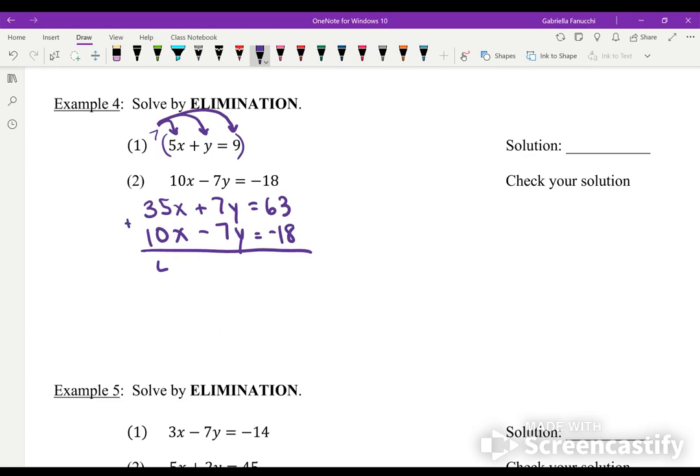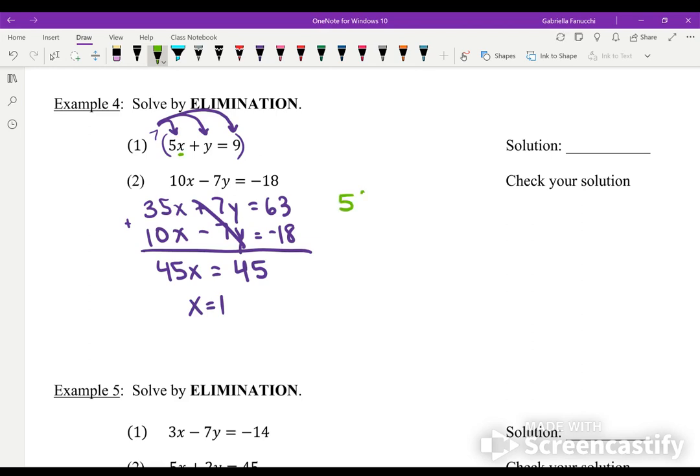35 plus 10 is 45x. This is going to cancel out to 0. Is equal to, what is 63 minus 18? That is going to be what? 45, I believe. Yep, 45. Well, 45 times what gives us 45? It's just 1. Now that we know what x is equal to, plug that x right back in right here.